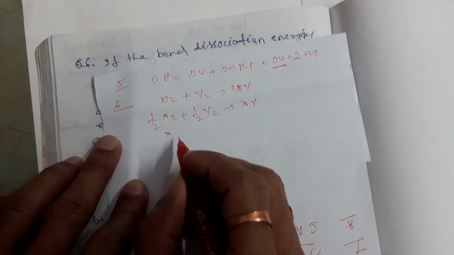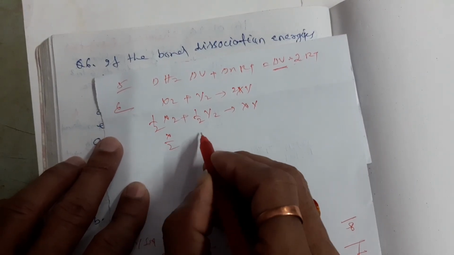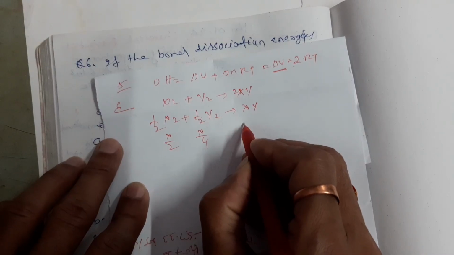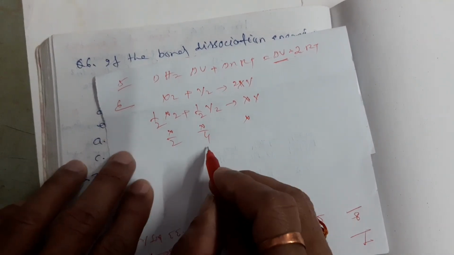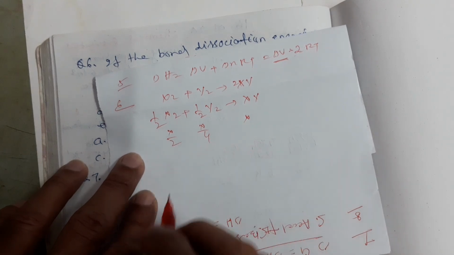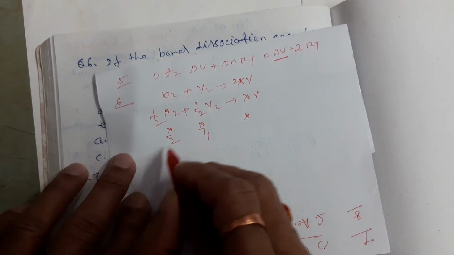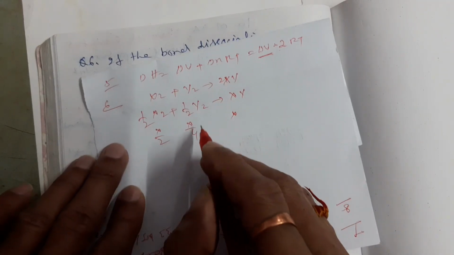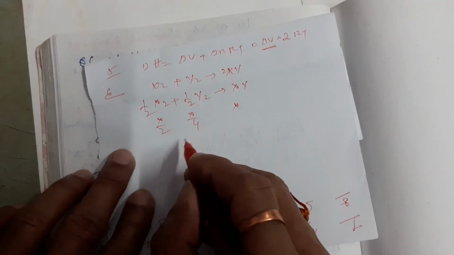Let it be X by 2 and this X by 4, giving you X. Why is this so? The ratio is given 1:1:0.5, so Y is 0.5.